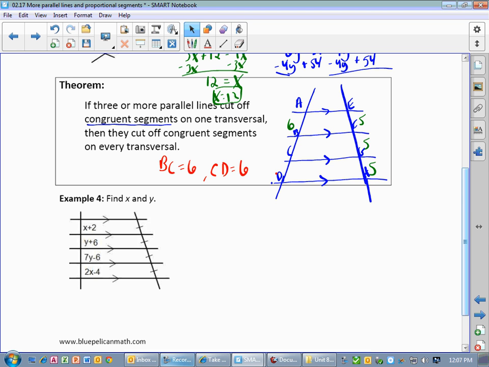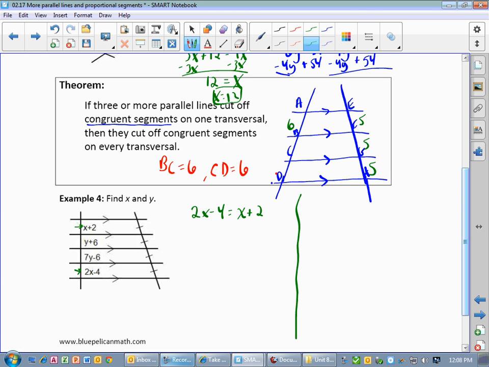Now, we want to solve for x and y. When we're trying to solve an equation, we only want x or y, not both in one equation. So do we have two equations with x in it? Yep, we got this one and this one, right? So I'm going to put the 2x minus 4 first: 2x minus 4 equals x plus 2. And then to find y, I'm going to write an equation with the two y's. They must be equal as well.